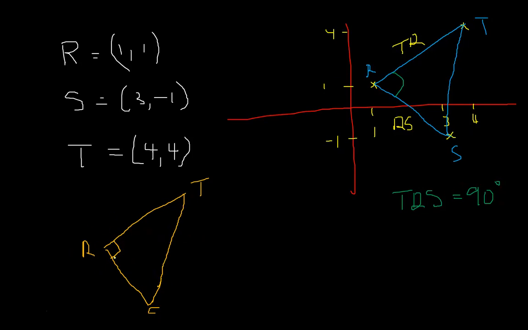But we said in order to show that the angle is 90 degrees, we need to find the dot product. But we didn't know what two vectors we should be using to find the dot product. Now that I have this diagram though, I know that the two vectors I would be using would be TR and RS, because the 90 degrees is the angle between these two vectors. Do you understand that?